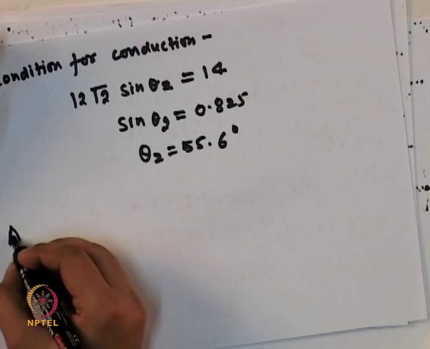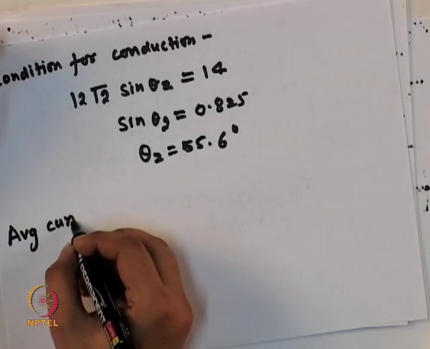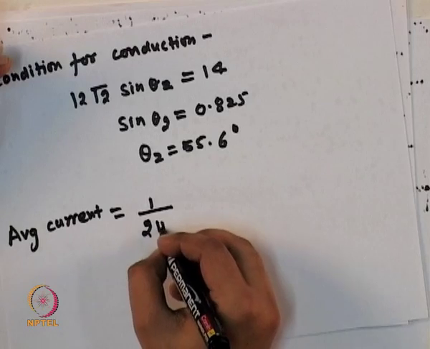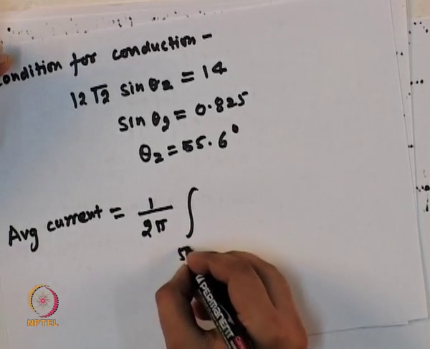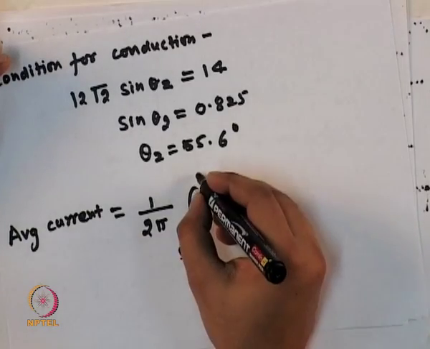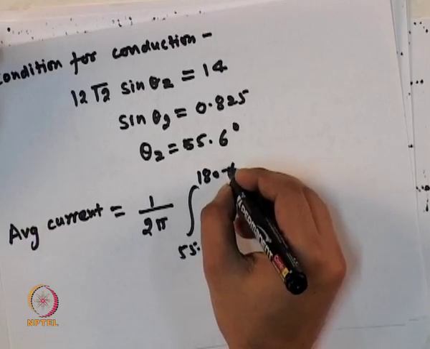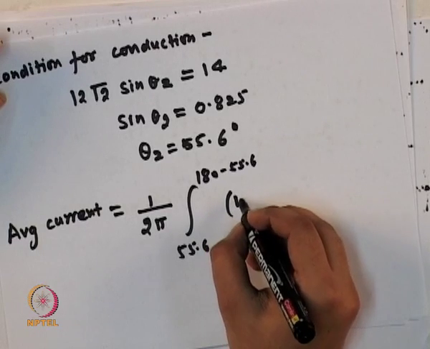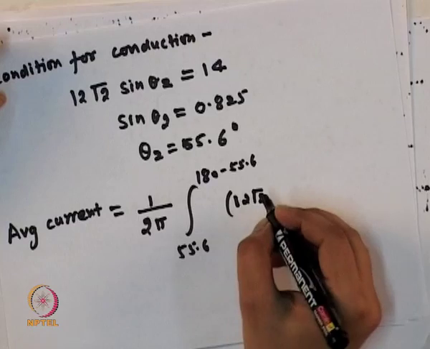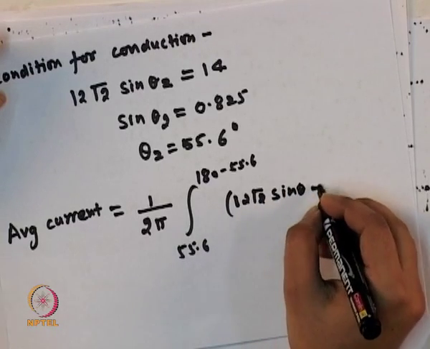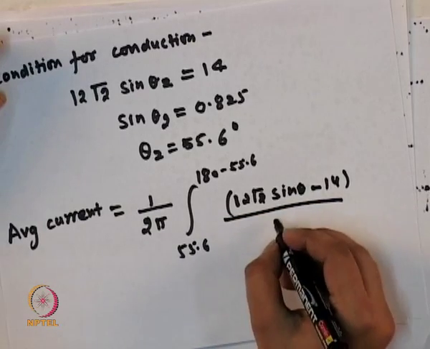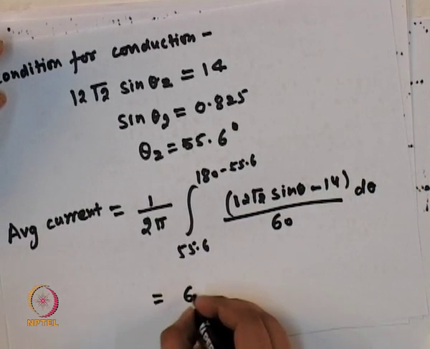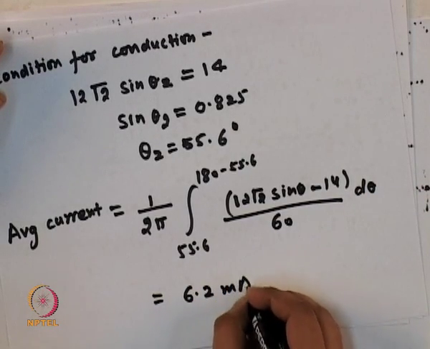So the average current equal to 1 upon 2 pi, integral from 55.6 to 180 minus 55.6 of 12 root 2 sin theta minus 14 upon 60 d theta, equal to 6.2 milliamperes.